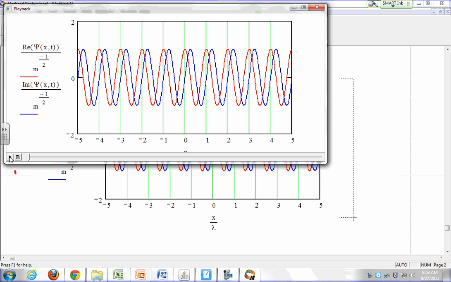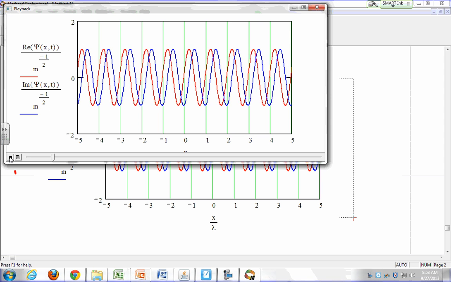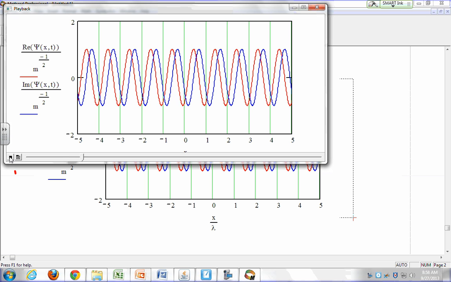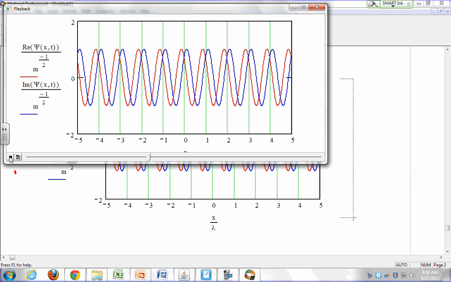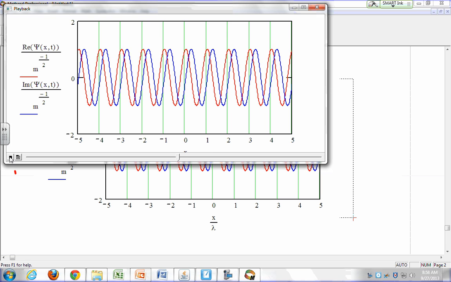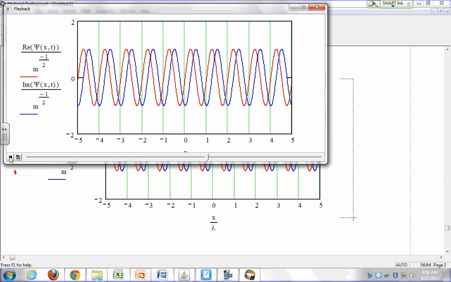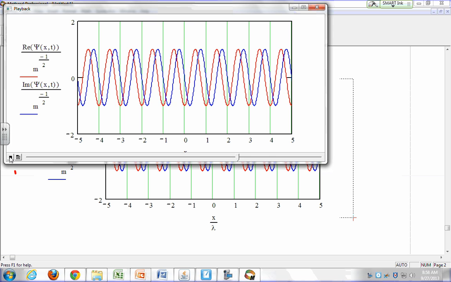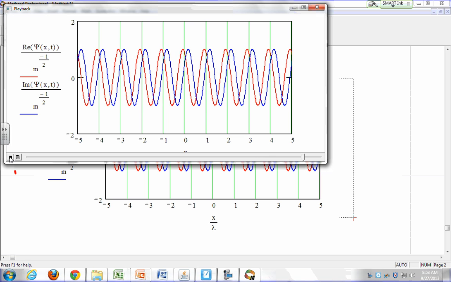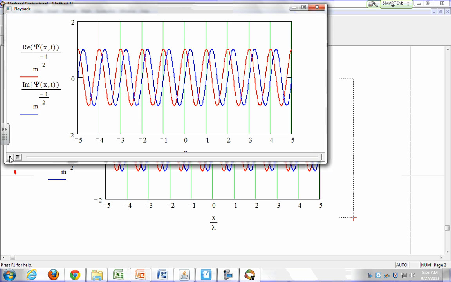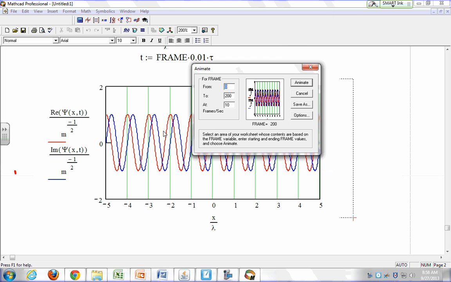Okay, and this is the real and imaginary component of your wave. Okay, so that should complete 2 cycles for the entire animation. Okay, and if you want to plot psi squared, what would it look like?